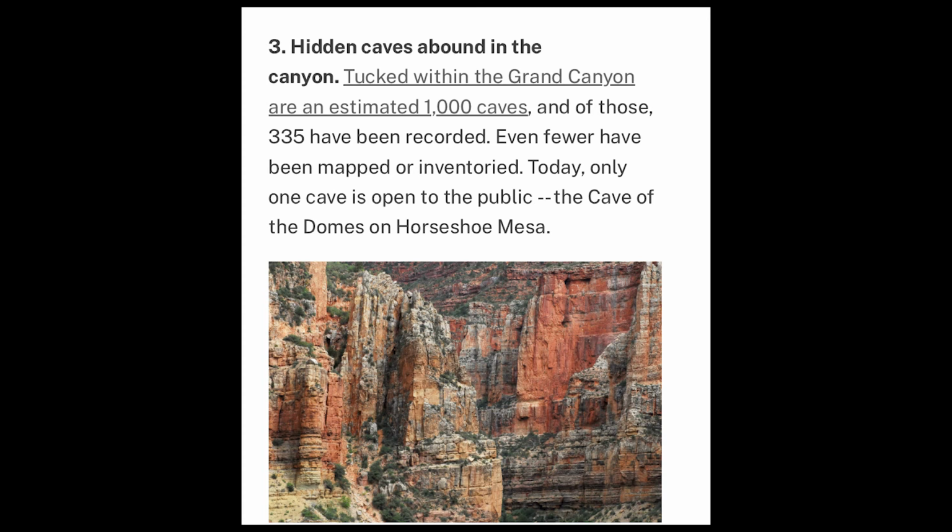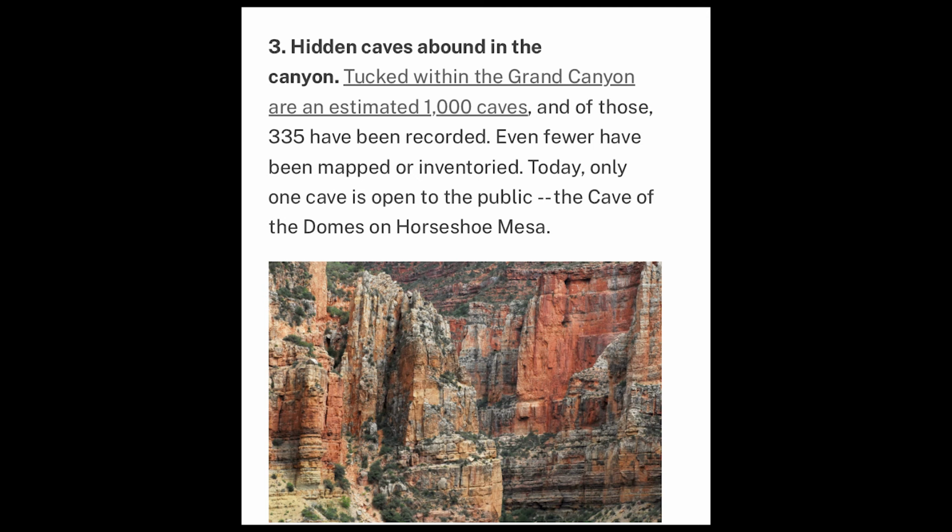Even fewer have been mapped or inventoried. Today, only one cave is open to the public, the Cave of the Domes on Horseshoe Mesa. So out of 1,000 plus caves, only one is open to the public. Think about that. Wow.